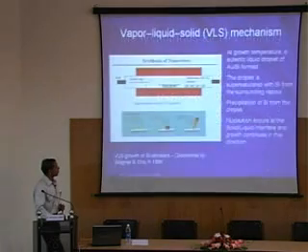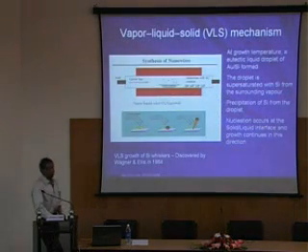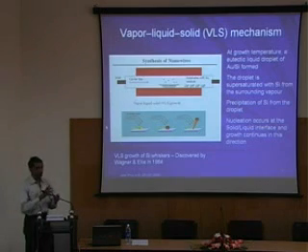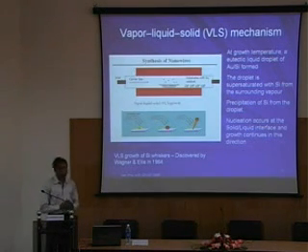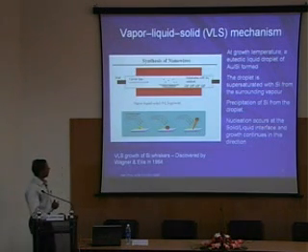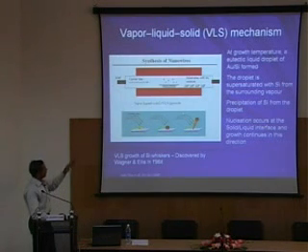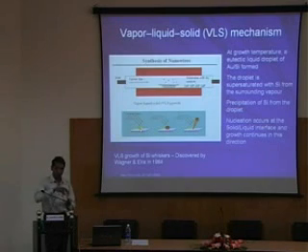In the case of the VLS method, the vapor-liquid-solid mechanism, you create a vapor of silicon, maybe by laser ablation, and this vapor comes into a chamber where you have a catalyst metal put on top of the silicon surface.